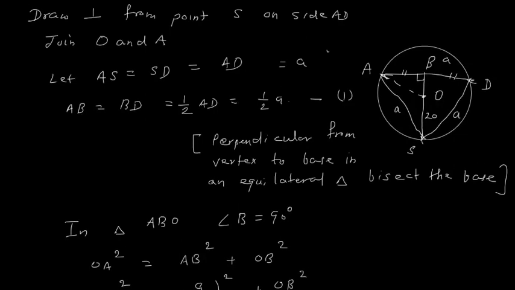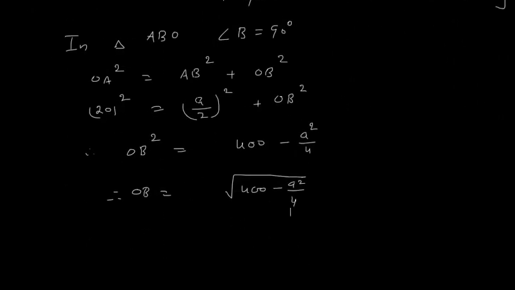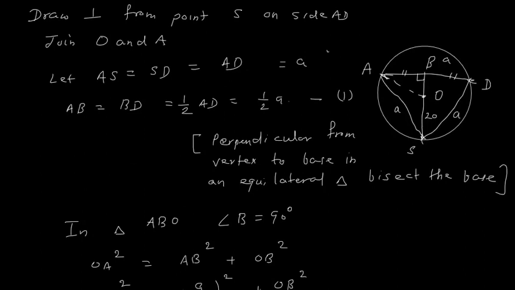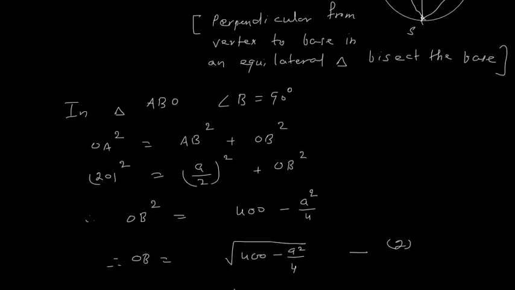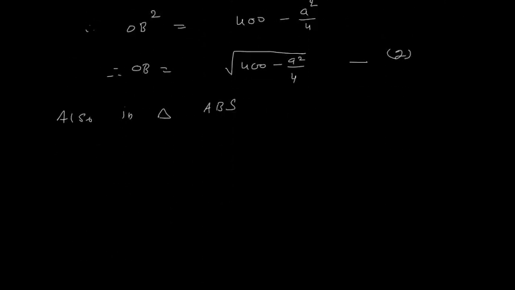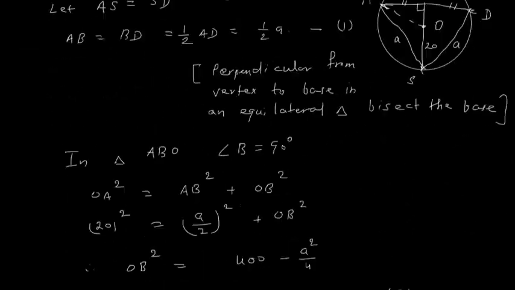Also in triangle ABS, let us consider this equation 2. In triangle ABS we have AS square is equal to AB square plus BS square.